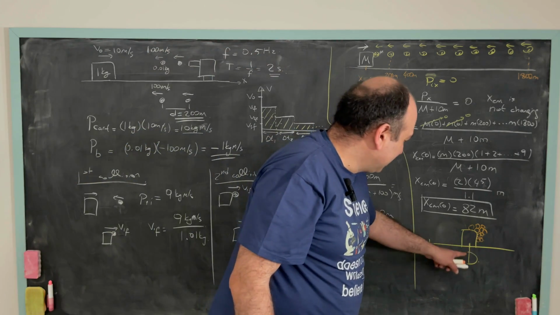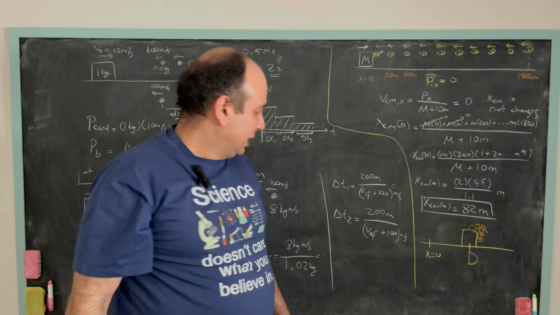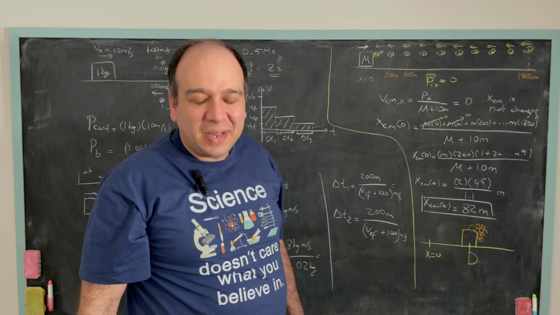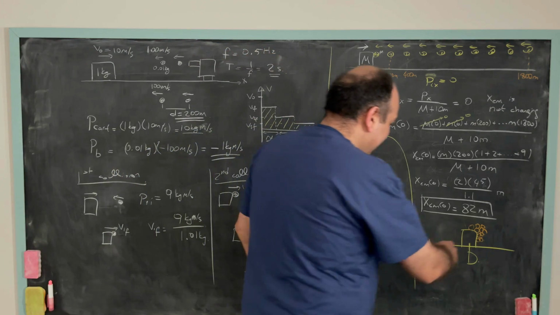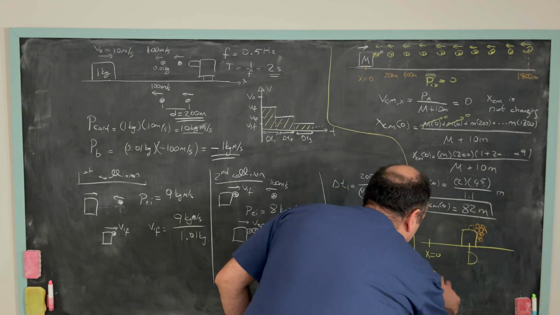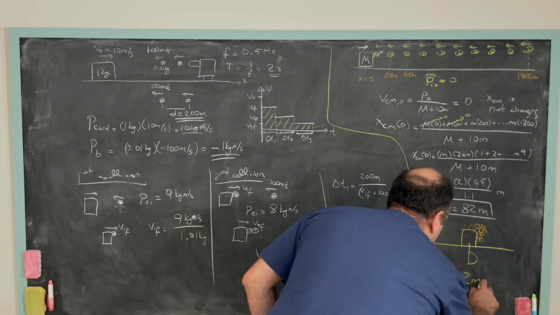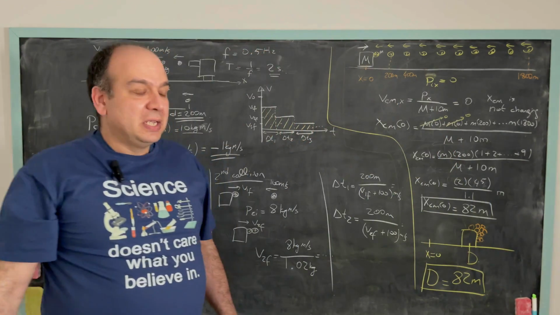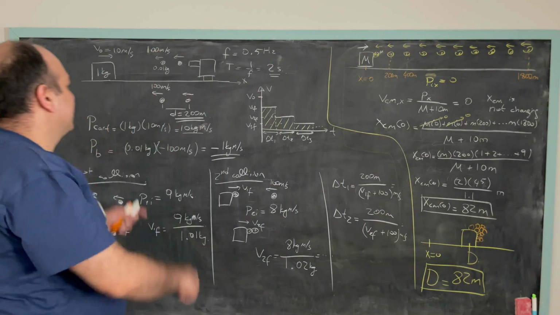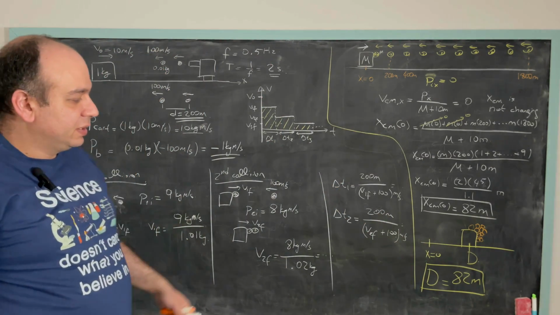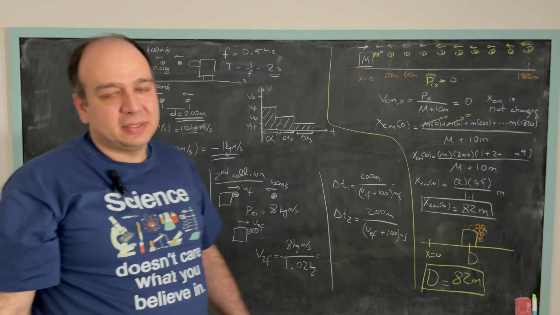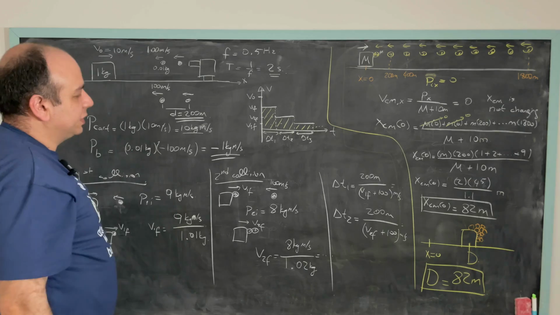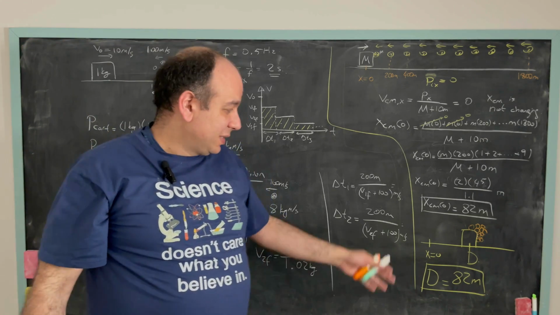So all the mass is located at D, which is the center of mass of the system, right? Then D is simply equal to 82 meters, because this is the center of mass of this system. So this box travels 82 meters before it stops. This is the maximum distance that this box can move in the positive x direction, and this is the answer.